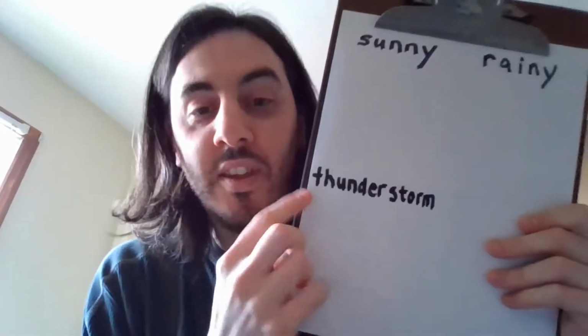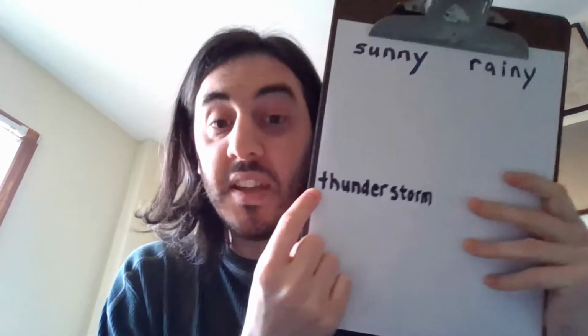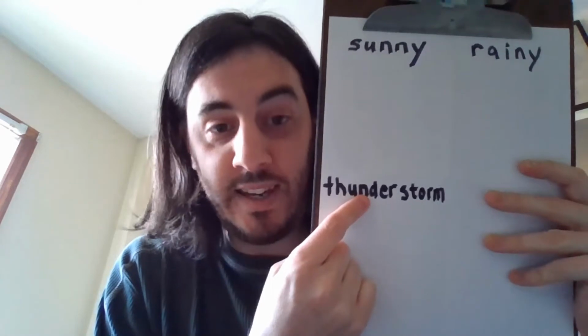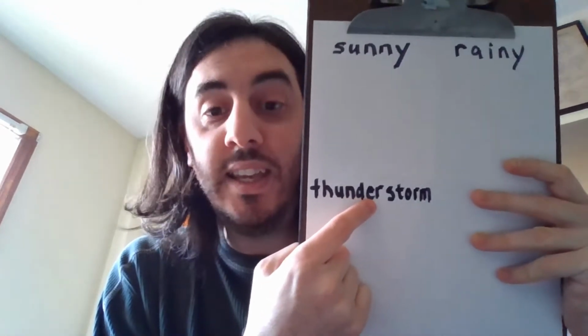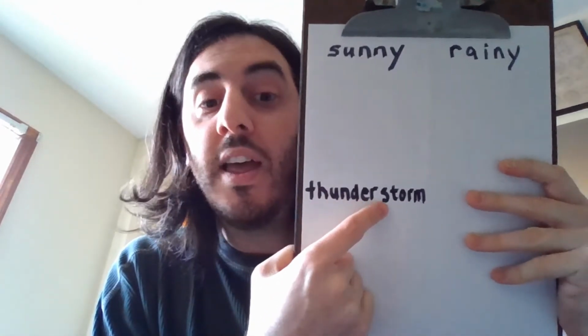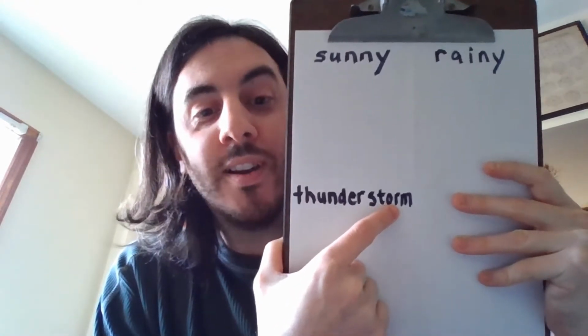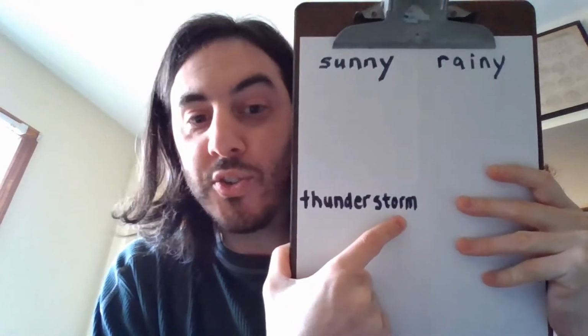That's a big word to spell, so I'll help you spell it again. We're going to write thunderstorm in the rectangle under sunny. Thunderstorm.